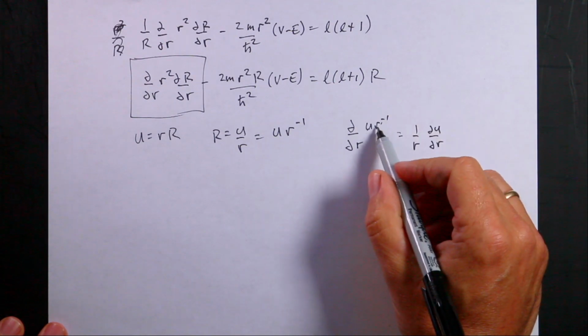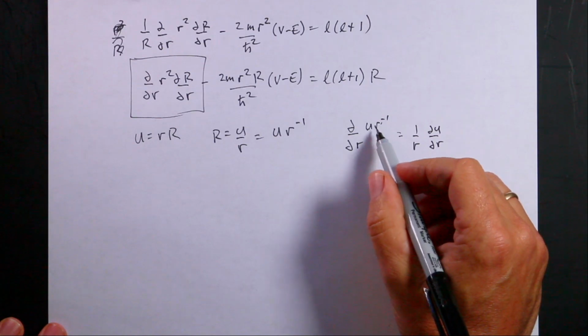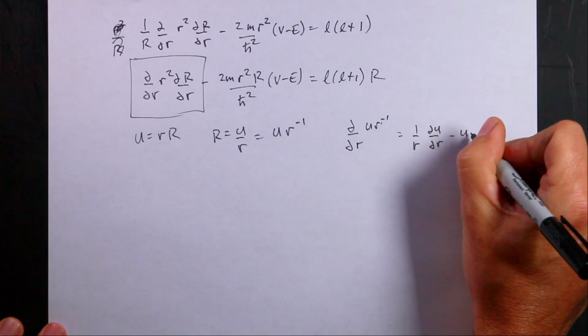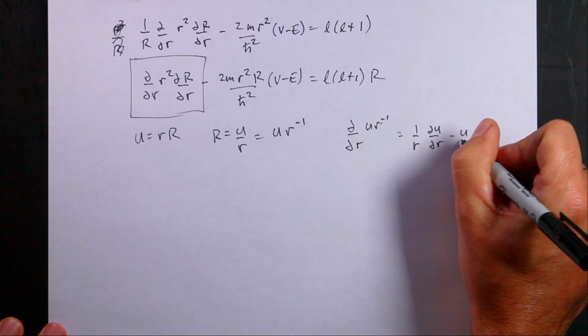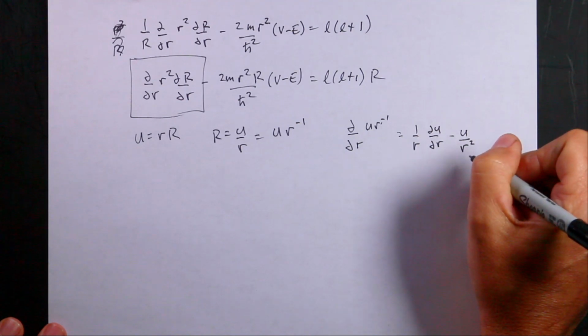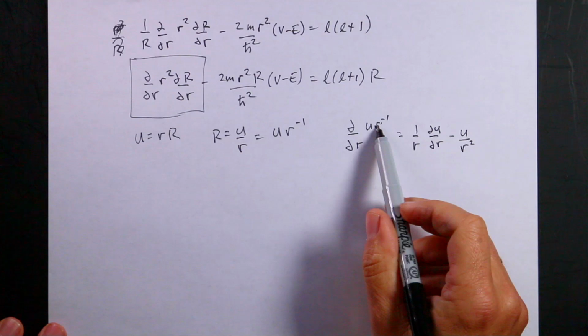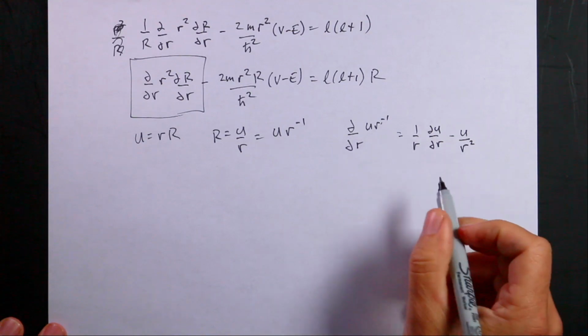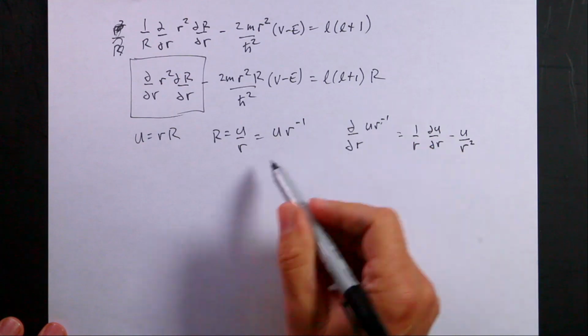So the derivative of r to the negative 1 is going to be negative 1 over r squared. So I get minus u over r squared. Is that right? So I take the derivative, so I bring down the negative 1, I reduce that by 1, and yeah, okay.